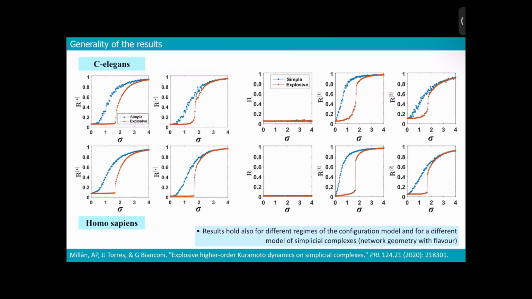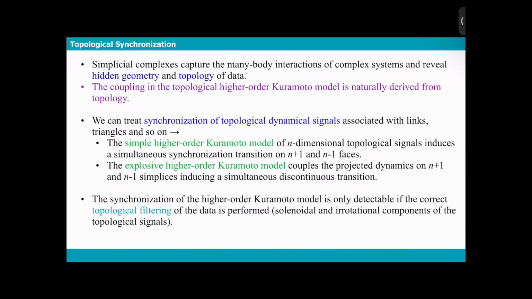And we found that this behavior was very general, and we could find it in a variety of networks. So the previous results were for the configuration model, but they also hold in simplicial complexes built from real-world networks, in particular the connectomes of the C. elegans and the Homo sapiens. Of course, now the transitions are smoother because these networks are smaller. And it also holds in different network models, higher-order network models, sorry.